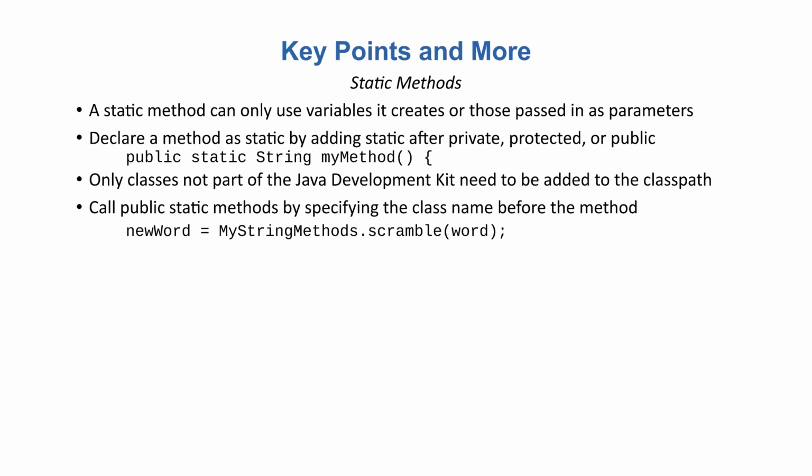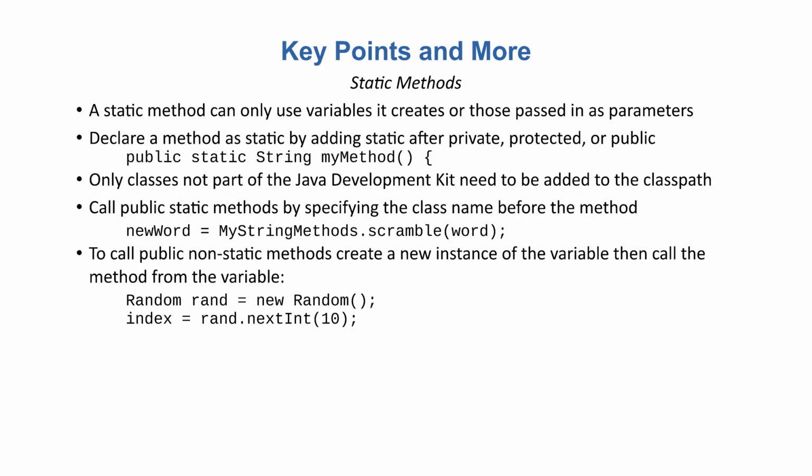Call public static methods from any class by adding the class name to the front of the method. For example, scramble is a public static method of MyStringMethods. To call it, use newWord = MyStringMethods.scramble(word). Public methods that aren't static require an extra step.